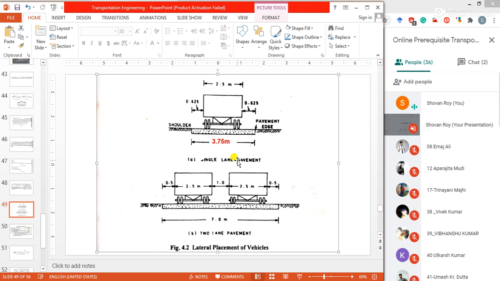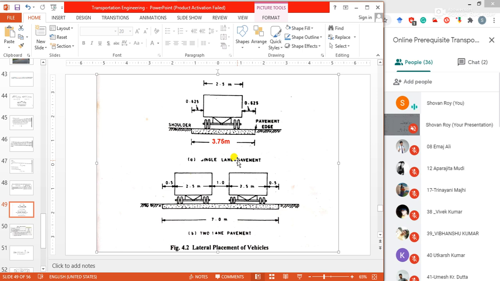That is not a harm, because the number of lanes is sufficient, so you can decrease the width, and it is restricted to 3.5 meter.